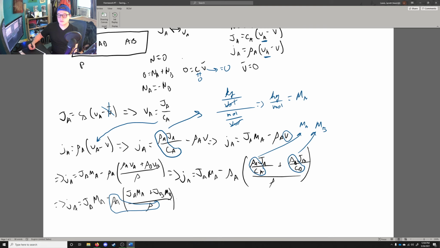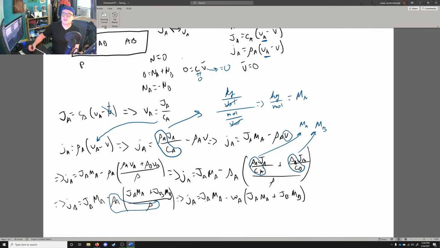So we can rewrite the mass diffusive flux is equal to the molar diffusive flux of A times the molecular weight of A, minus the mass fraction of A times the molar diffusive flux of A times the molecular weight of A plus the molar diffusive flux of B times the molecular weight of B. All right.